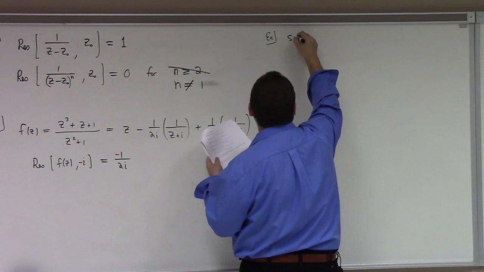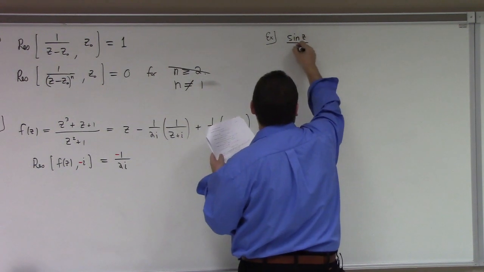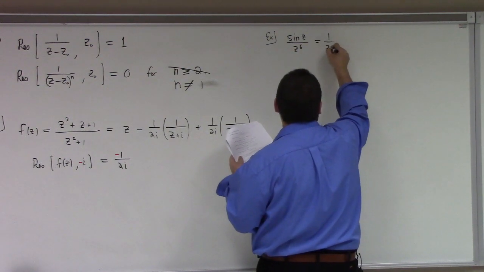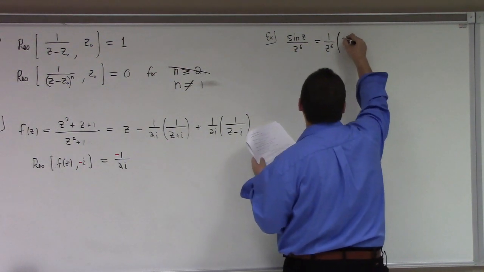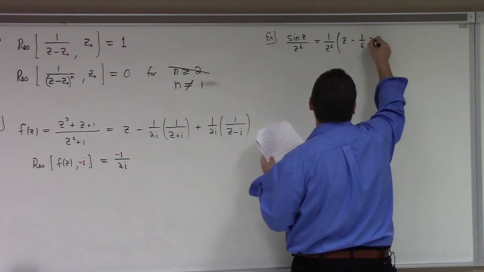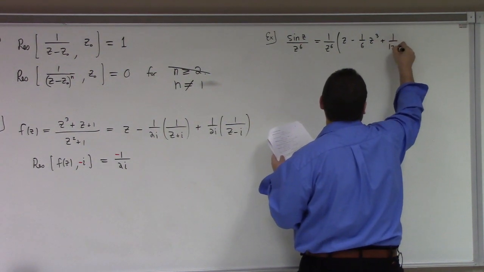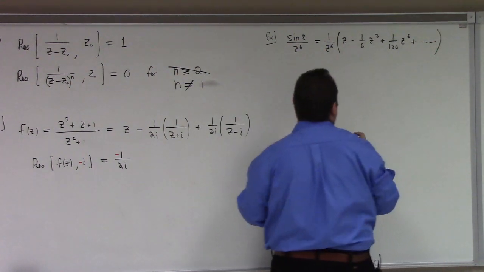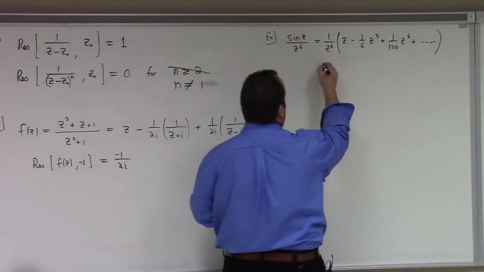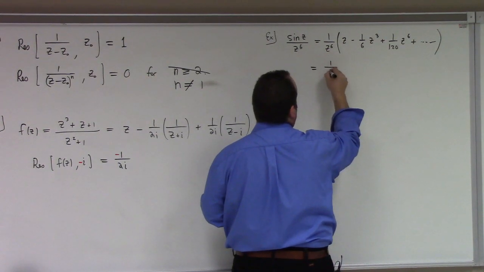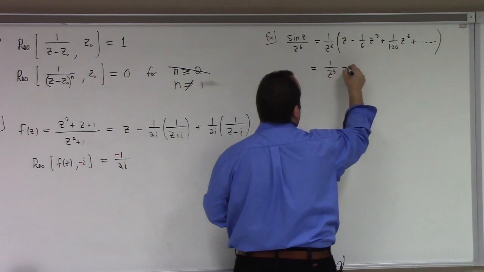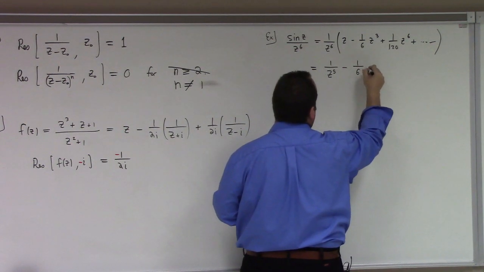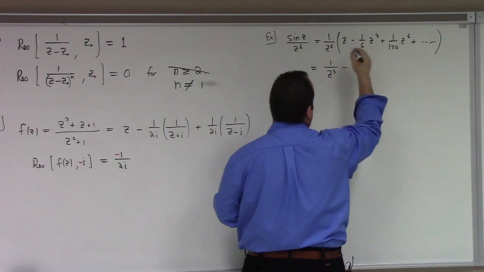So here's sine of z over z to the 6th, right? And so that would be 1 over z to the 6th times z minus 1/6 z cubed plus 1 over 120 z to the 5th, and so forth, right? And so what's that give us? That gives us 1 over z to the 5th minus 1 over 6 z to the 3rd, right?